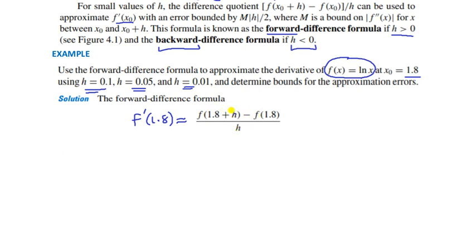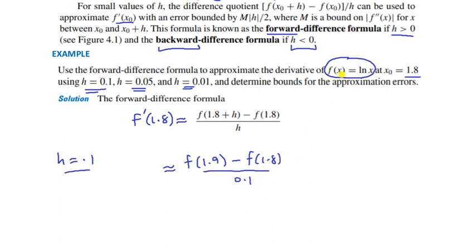But now this h is different. If I take h as 0.1, I will get a separate answer: f of 1.8 plus 0.1, which is 1.9, minus f of 1.8, divided by 0.1.